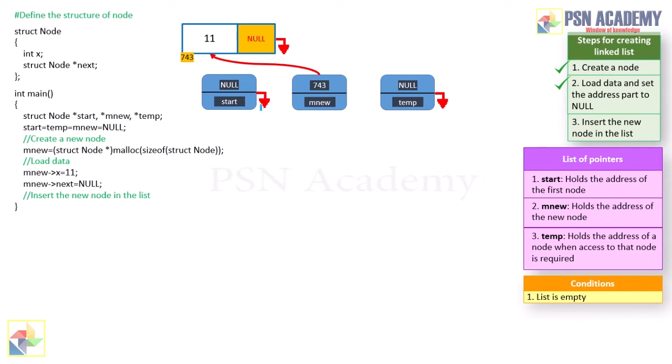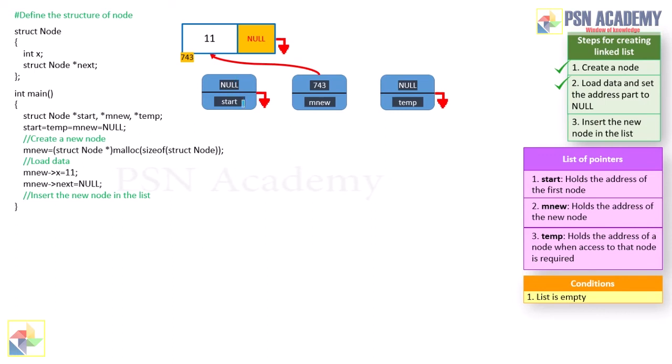Now think of this. If at least one node would have been present in the list, the start pointer would have pointed to the first node, right? That means start would not be null if there is at least one node in the list. But here you see that the start pointer is pointing to null.